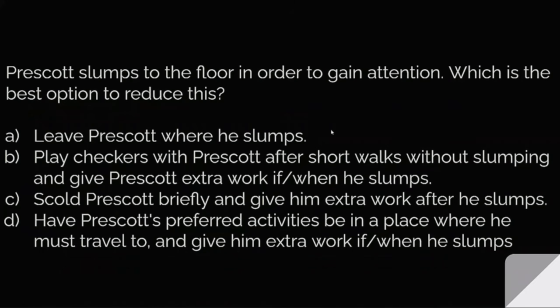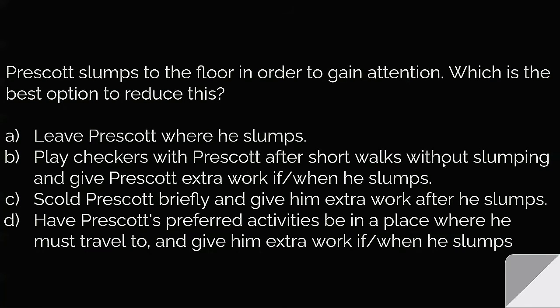A, leave Prescott where he slumps. I kind of want to do that, but it's not really giving him an alternative, is it? So if the scenario said something like, what's the most parsimonious way, quickest way, maybe something like that, I might go, I like A, but I don't like it the best because we get into B. You're giving him attention by playing checkers, short walks.